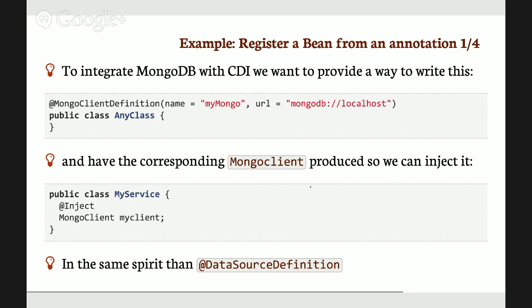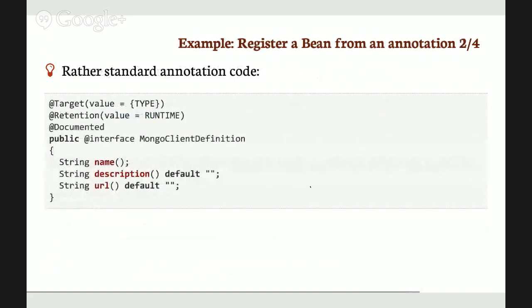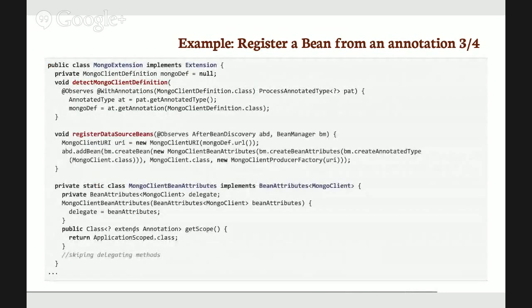So how can we do that? First, we create the annotation. Quite simple. There are 3 members, nothing special about this annotation. Second, we have to create an extension. In this extension, the first thing that we will do is to observe the ProcessAnnotatedType with the MongoClientDefinition annotation on it.